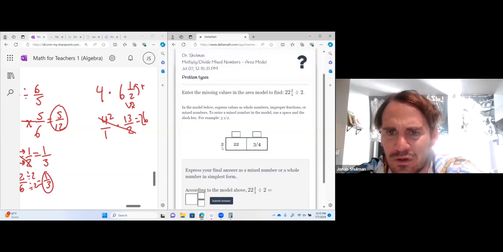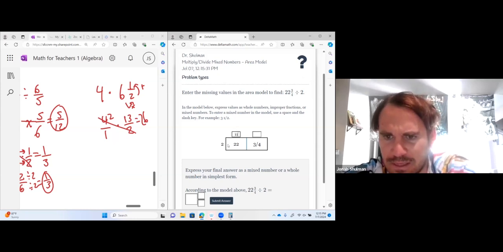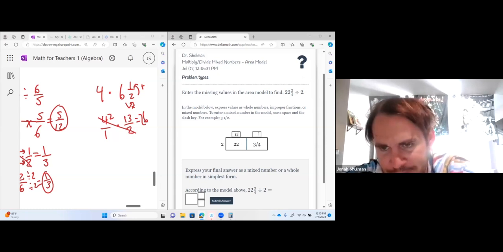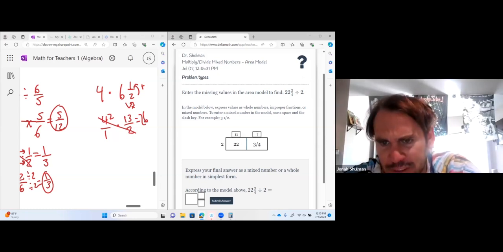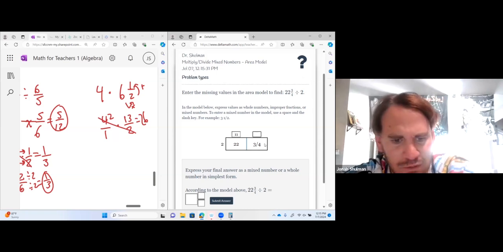All right. Ooh, now it's division. I love it. So 2 times 11. And then it's 2 times what is 3/4? I believe it would have to be 3/4 plus 3/4, so 6/4.